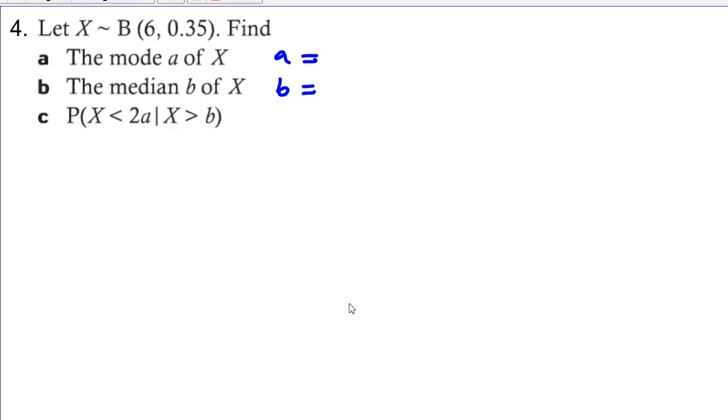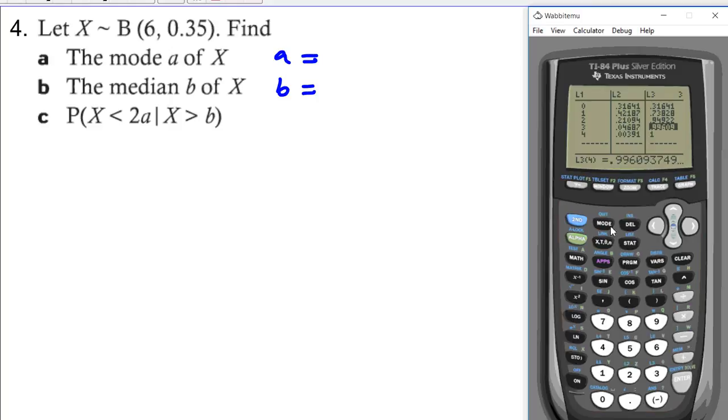So what we need is to clear this list. Clear that. Clear that. Now x can take these values, but because there are 6 trials, I'll add 5 here and 6.